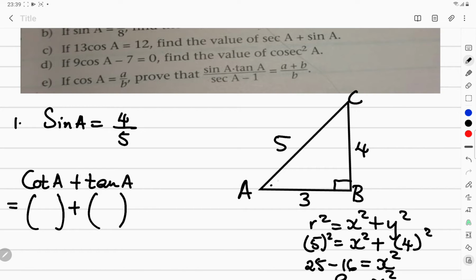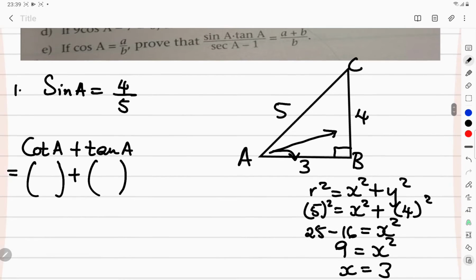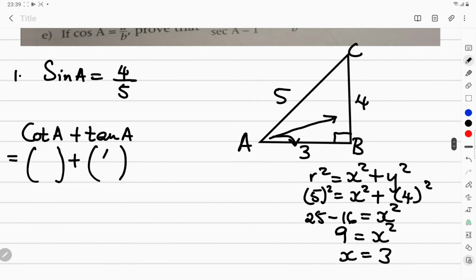If you are here, your tan will be opposite over adjacent. So opposite over adjacent will be tan 4 over 3. Don't forget that cot is the reciprocal of tan, meaning cot is adjacent over opposite, which is 3 over 4.